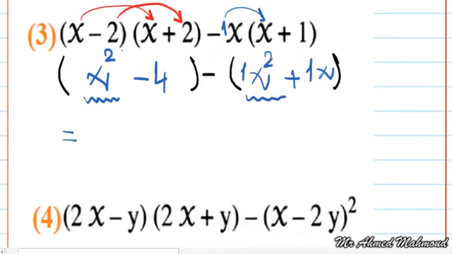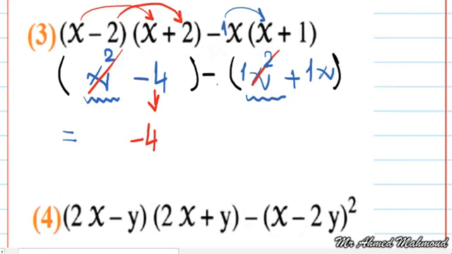Then I'm going to cross x to the power of 2 with x to the power of 2. And then I'm going to subtract negative 4 minus nothing. There isn't any number like negative 4 here, then I will drop negative 4 like this.